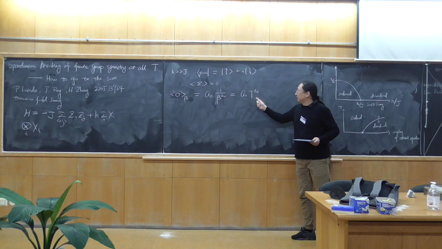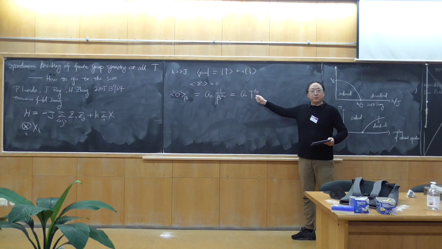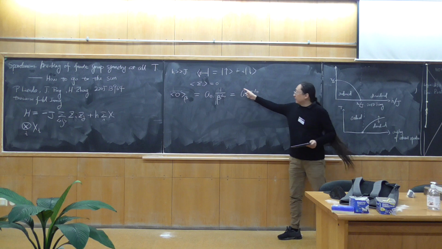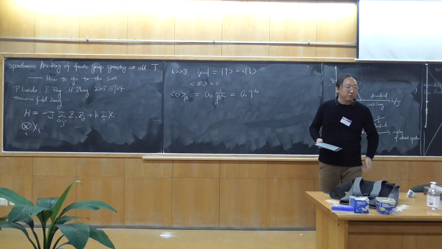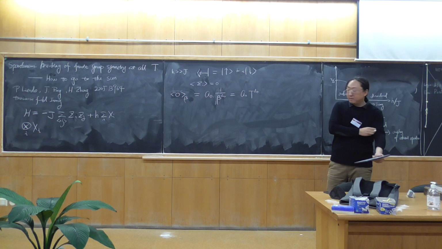This is kinematics, because it fixes the power law dependence on temperature. But here A is some dynamical number you are supposed to solve for using your field theory methods.